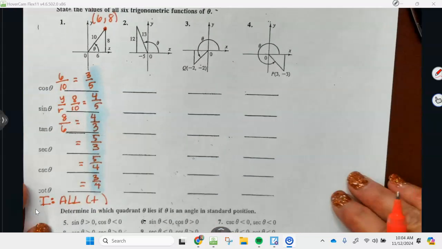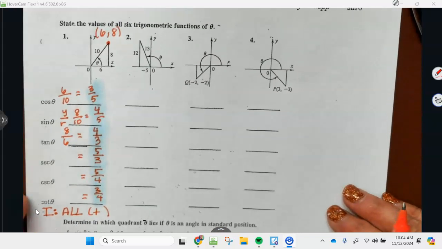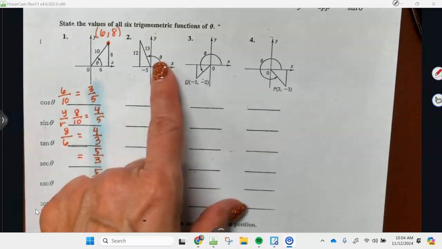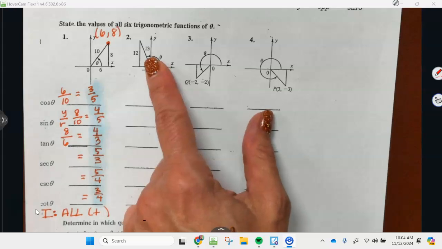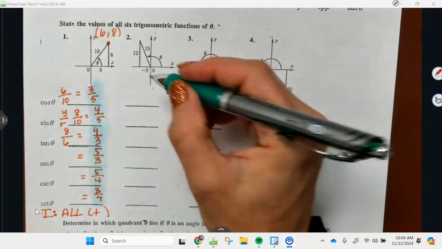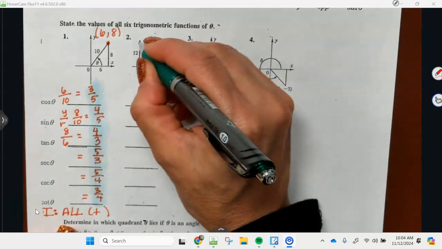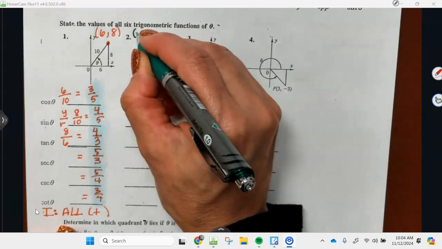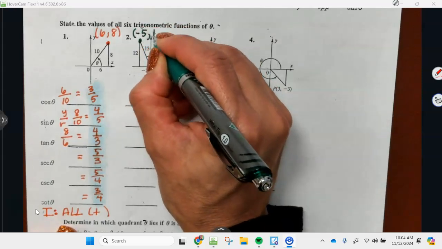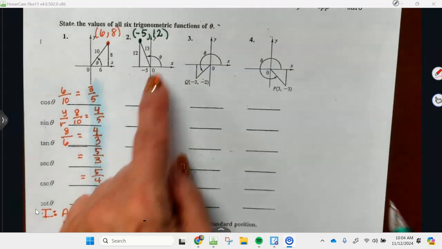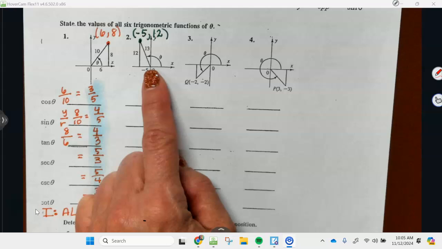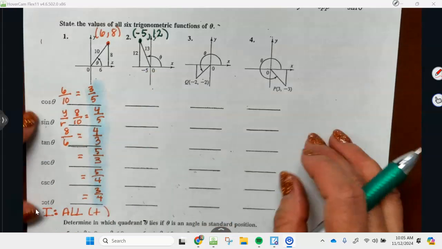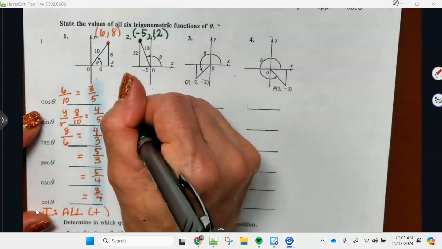All right, let's go ahead and analyze what's going on over here in quadrant 2. So in quadrant 2, I notice that I have an angle larger than 90 degrees. And I know this ordered pair right here. This is (-5, 12). That is the ordered pair that this angle goes through. All right, let's go ahead and find cosine.